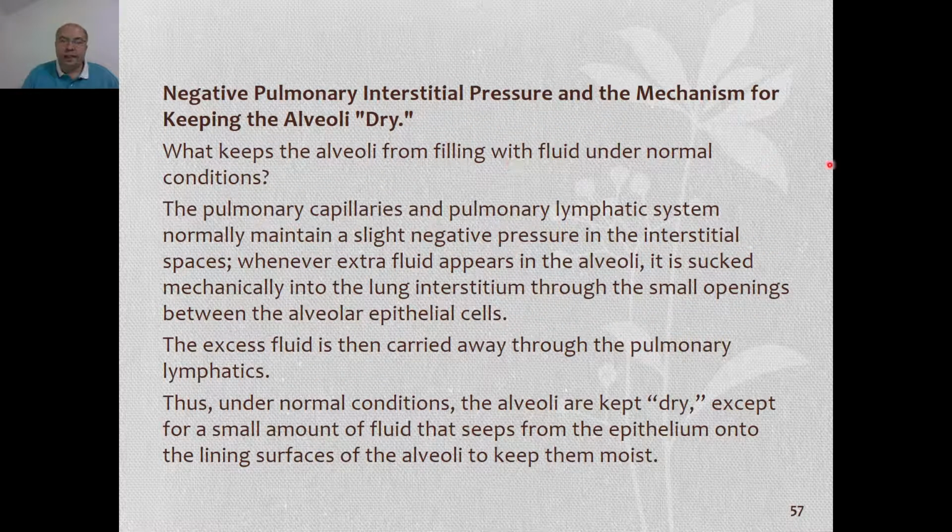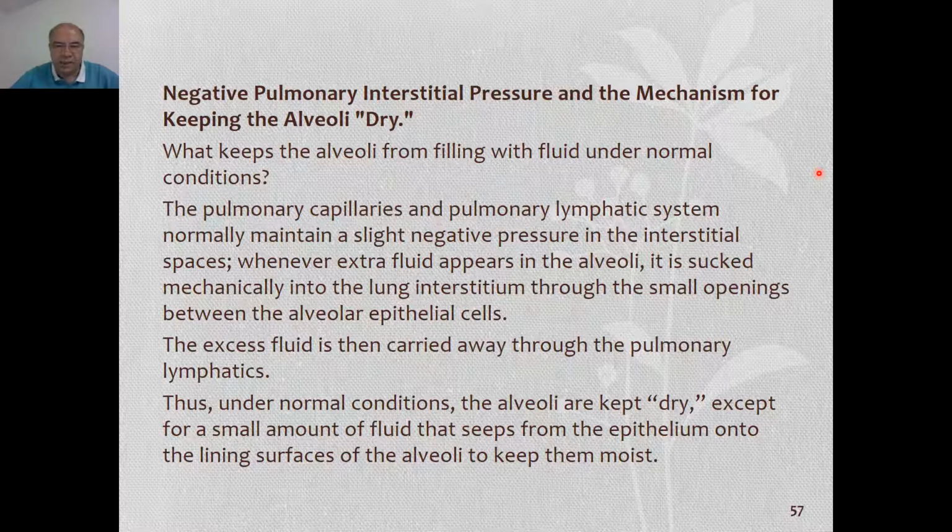Negative pulmonary interstitial pressure and the mechanism for keeping the alveoli dry. What keeps the alveoli from filling with fluid under normal conditions? The pulmonary capillaries and pulmonary lymphatic system normally maintain a slight negative pressure in the interstitial spaces.